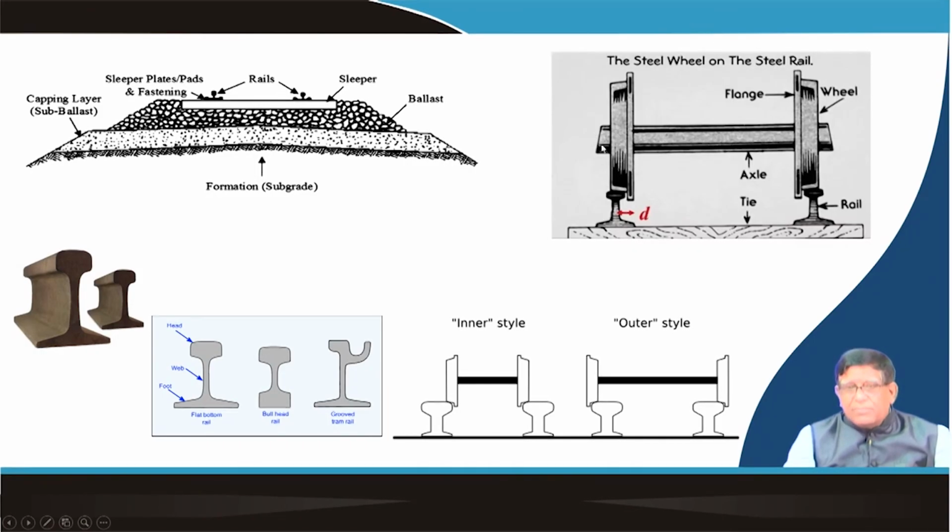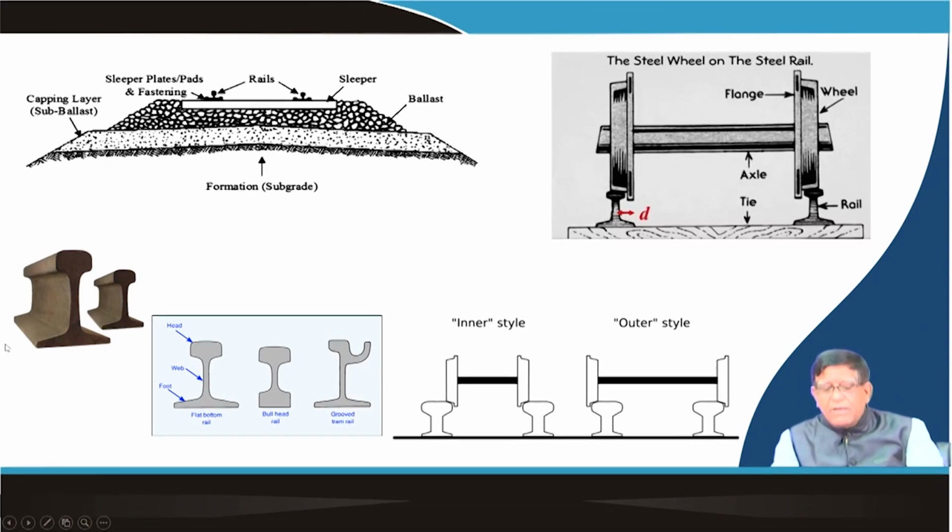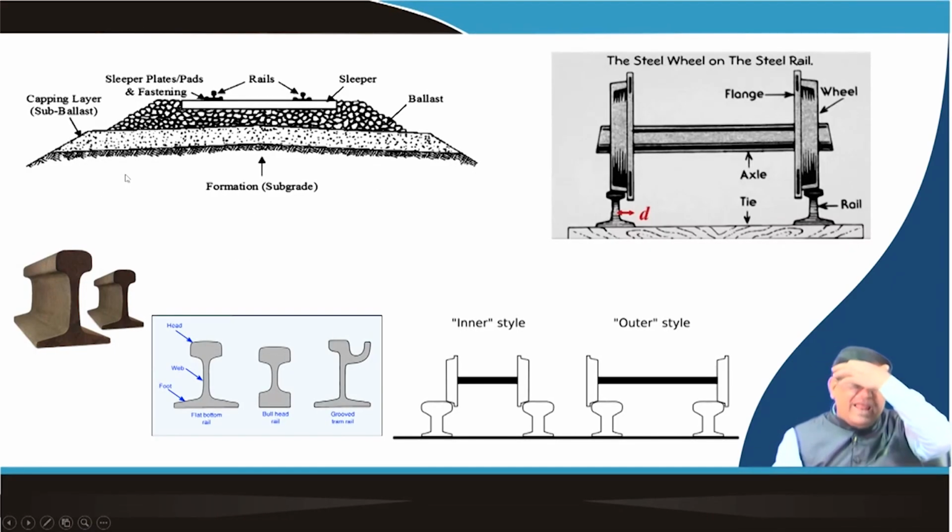The mine cars or tubs will have 2 axles, and on these 2 axles the wheels are connected. The wheels normally have a little bit of tapering, and that is why at the top of the rail you will see there is a curve. So, that curve will match with the curve at the wheel, and the wheel will have one flange.